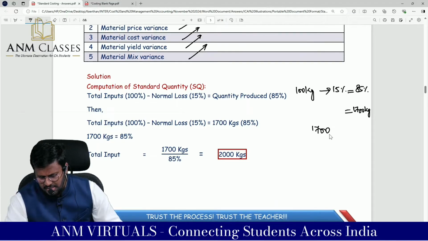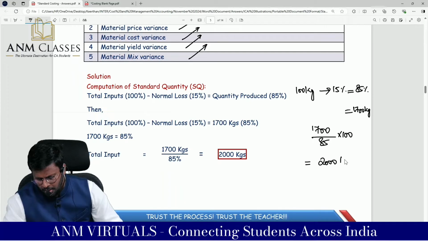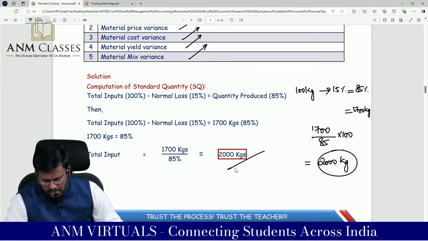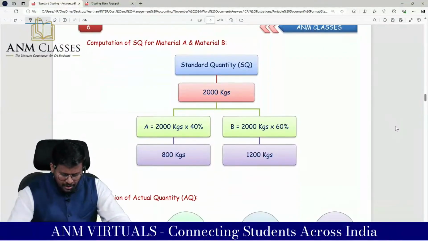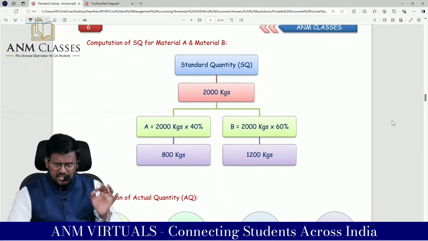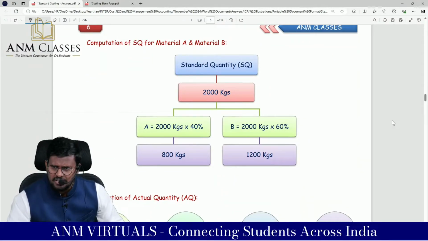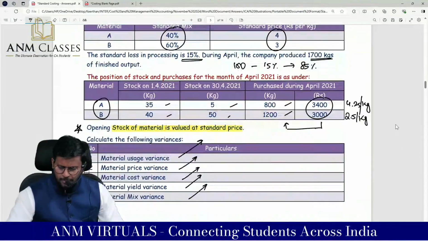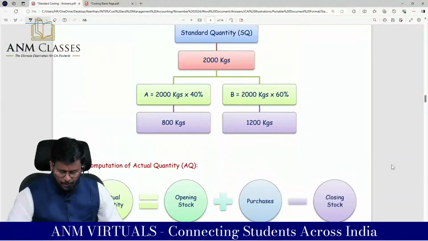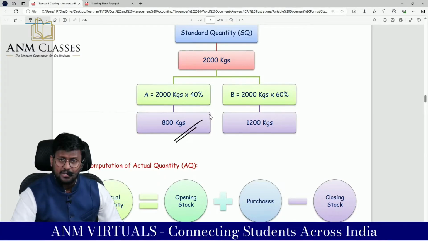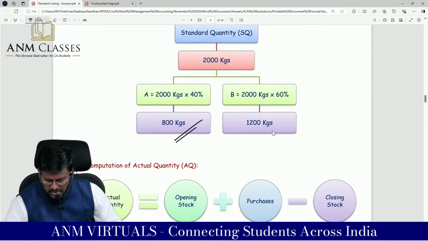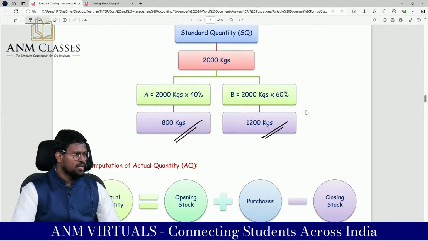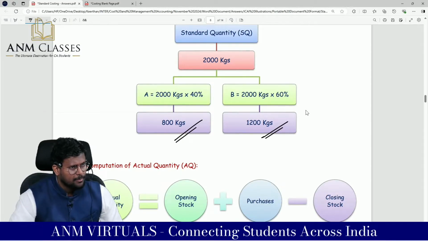So 1700 divided by 85 into 100 comes to 2000 kg, the standard quantity. This 2000 kg standard quantity should be in the standard mix, already given in the question, that is 40% and 60%. On the calculator, 2000 into 40% is 800 kg, 2000 into 60% is 1200 kg, the standard mix.